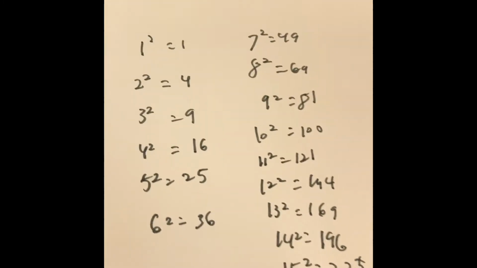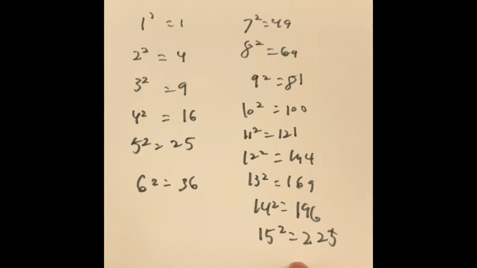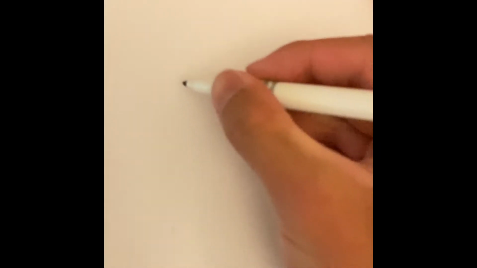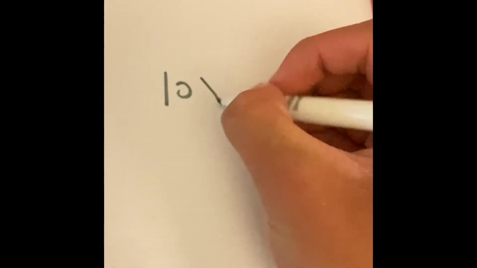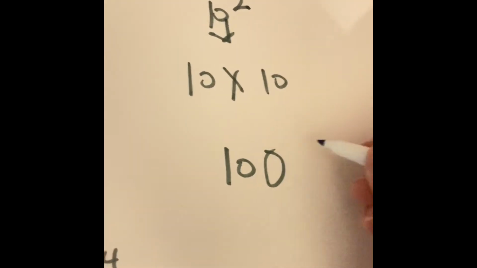These are the perfect squares that you can actually memorize, because squaring means that you're multiplying the number by itself 2 times. 10 squared is the same thing as 10 times 10, or 100.